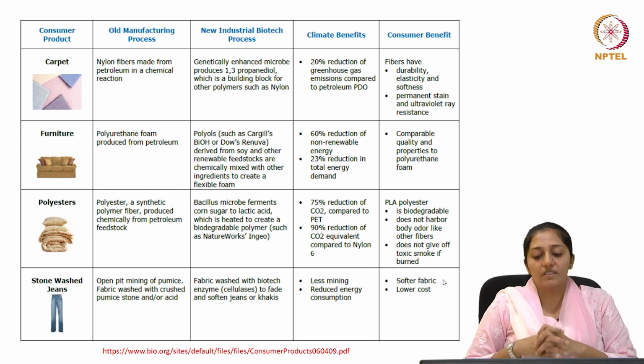All these processes again lead to up to 60% reduction in greenhouse gas emissions or the use of renewable energy, and the durability and the environmental friendliness, like the biodegradability, is an added advantage.